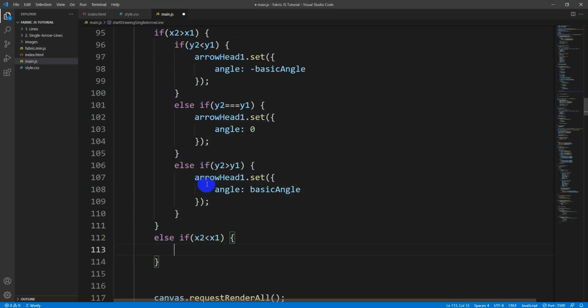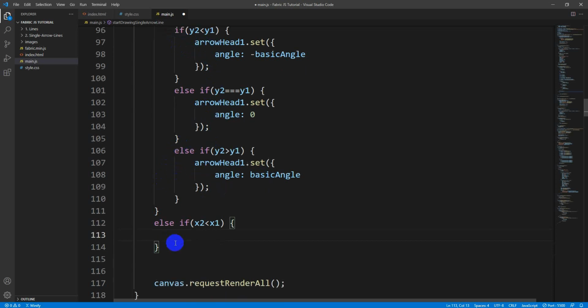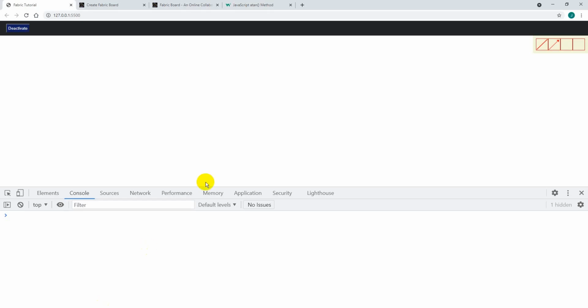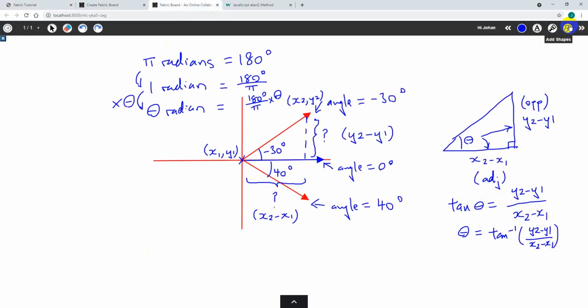So let's say if y2 is greater than y1 first. What do we have? This means that the line would be in this quadrant over here.